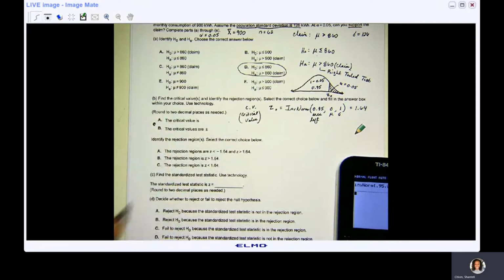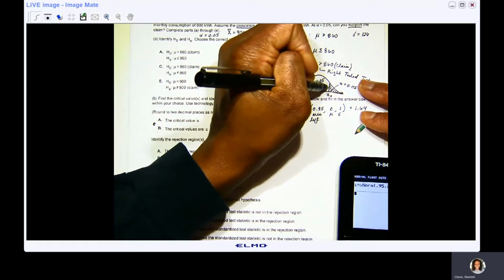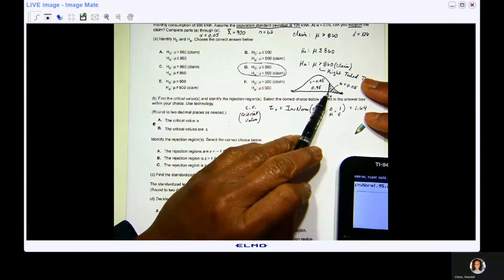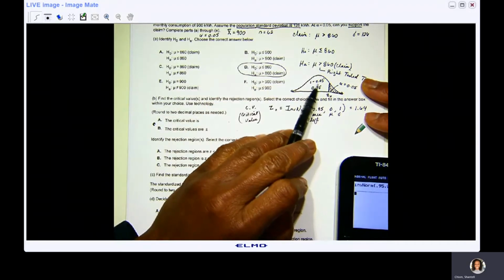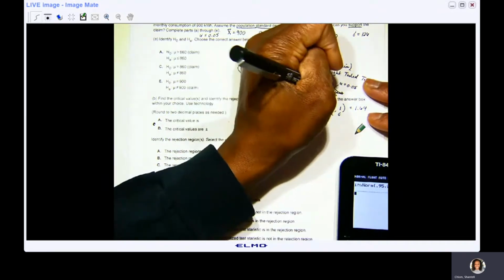Okay. So this z value, this bound here that separates the unshaded region from the shaded region, is 1.64.